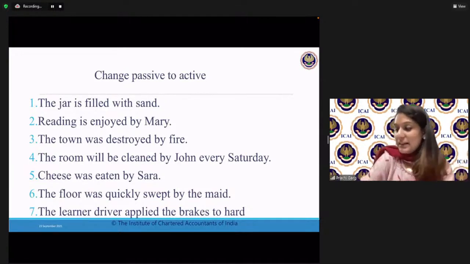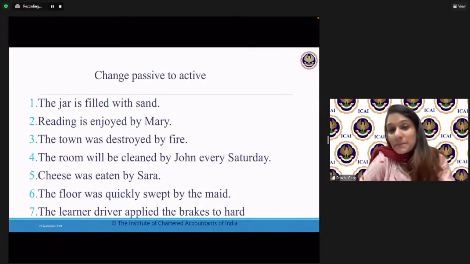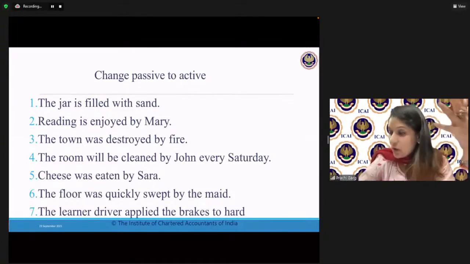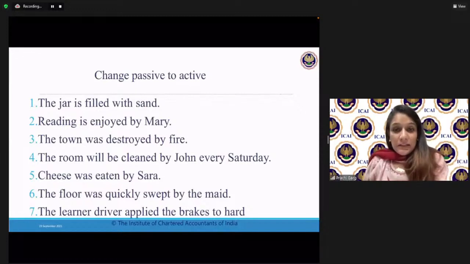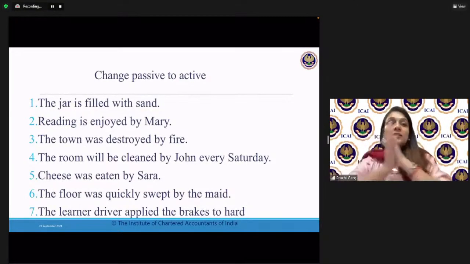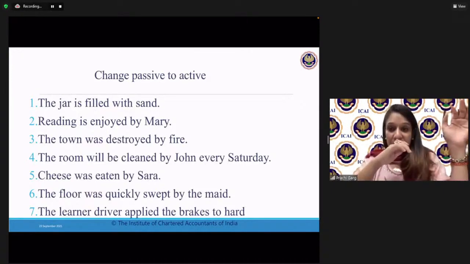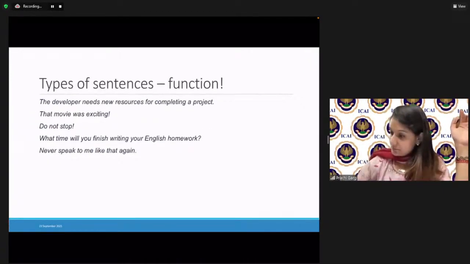For example, reading is enjoyed by Mary. Mary enjoys reading. That's how you will change it. I'm sure you will be able to do it from passive to active. So can I move to direct indirect speech now? Are we all clear with active passive voice? Yes.